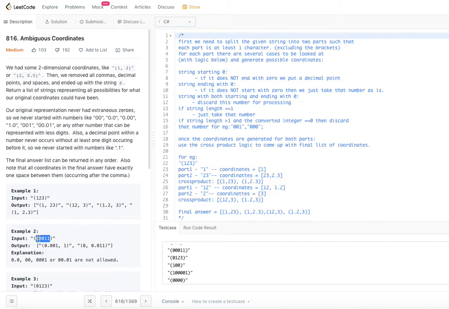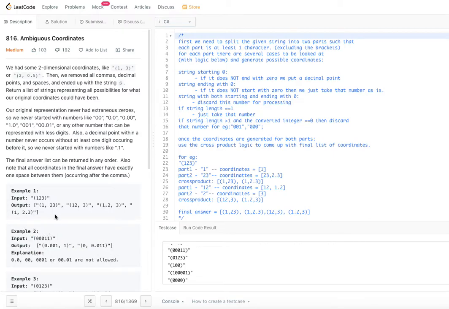So the only possibility for this number to be here is 0.001 and 1. So there is nothing like 0.01 and 1. That is per the definition. And then you take this 0 into the first coordinate, the other coordinate will become 0.011. So those are the two possibilities.